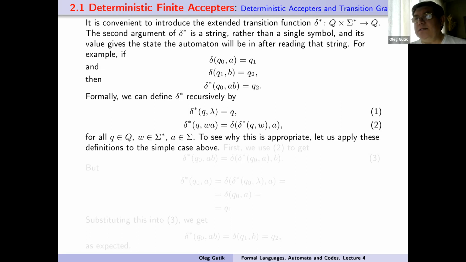To see why this is appropriate, let us apply this definition to the single case above.